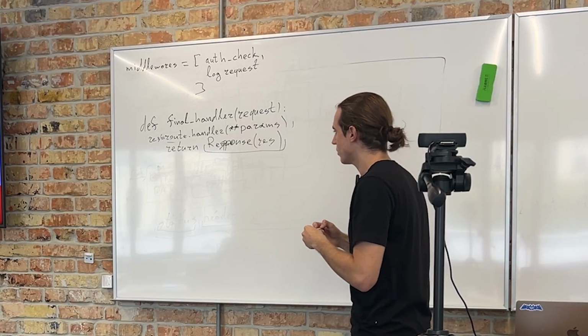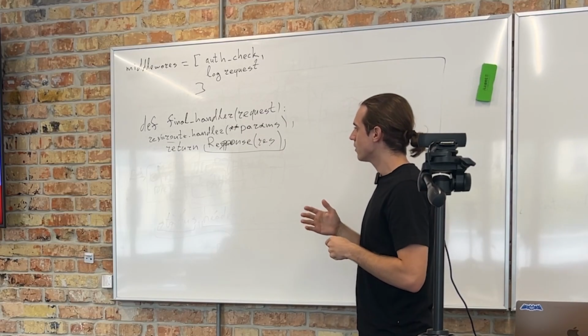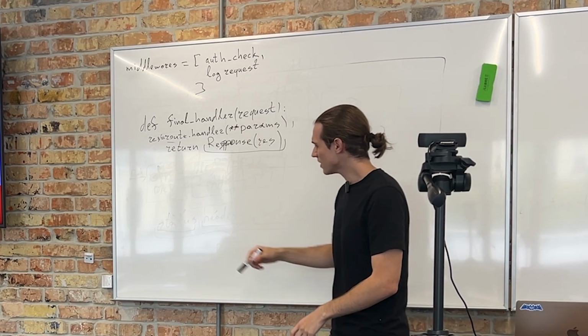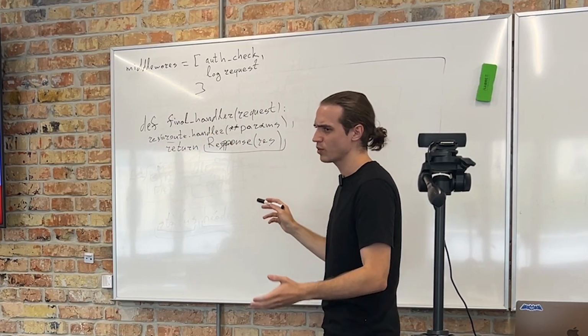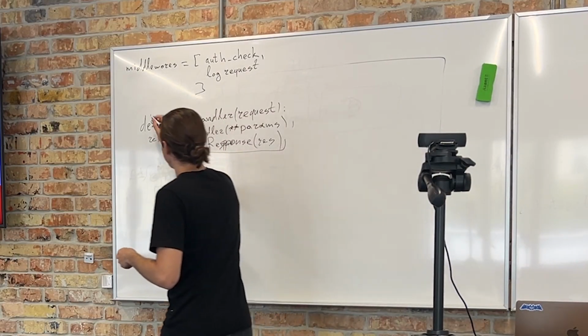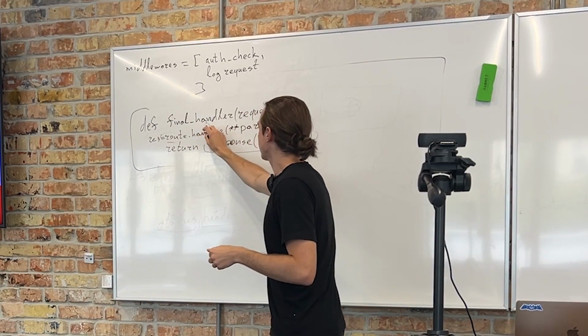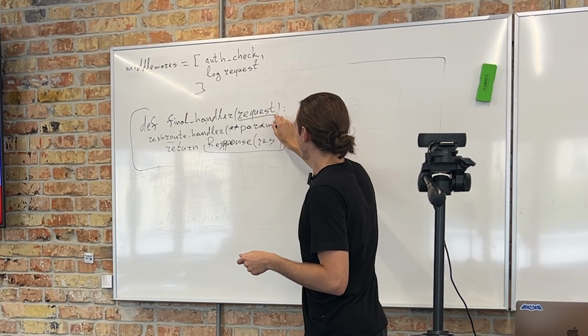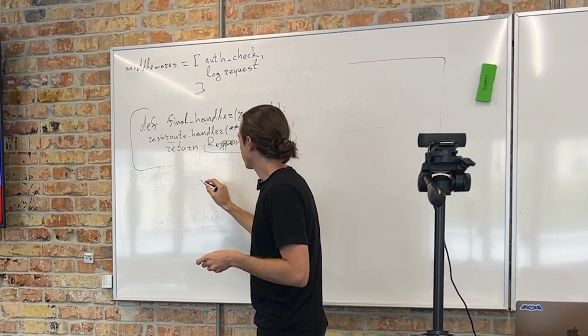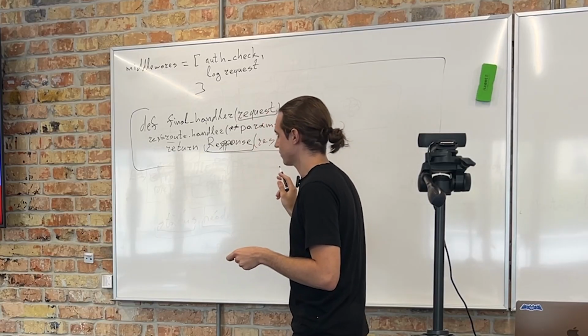Inside this constructor, for example, we add some headers and a status code. We can add this logic inside this wrapper, it doesn't matter. The main thing is that now we have a final handler that has a request as a parameter and returns a response.